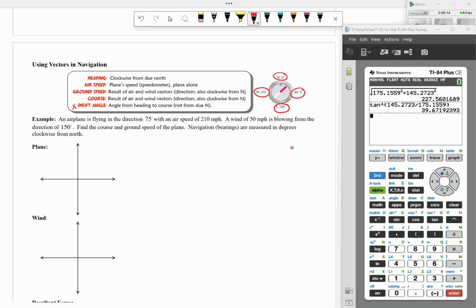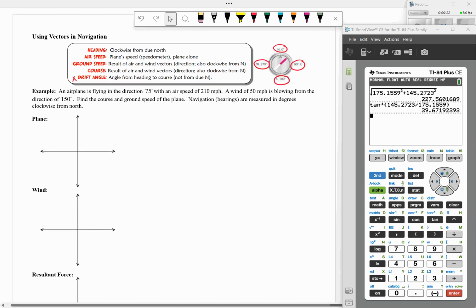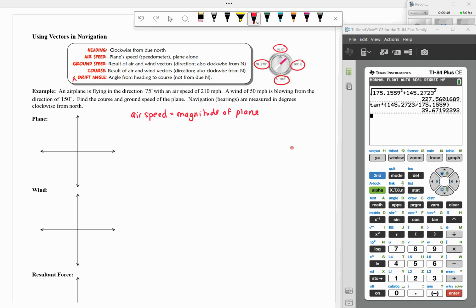So this example here says an airplane is flying in the direction of 75 degrees with an airspeed of 210 miles per hour. So what does this tell us? This tells us that the airspeed is the magnitude of the plane. And it says the direction is 75 degrees.